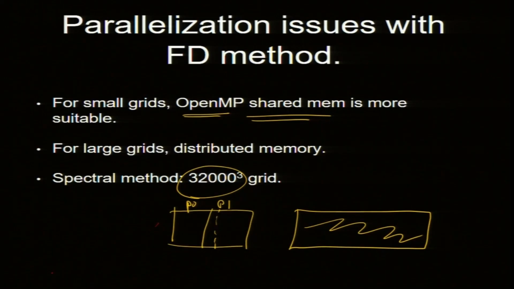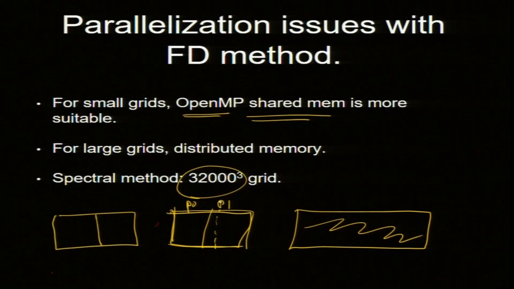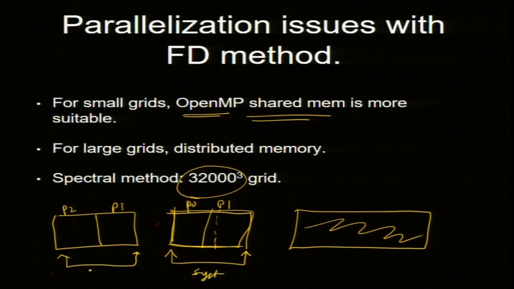So, one option: each node, this is a node, and there is another node. For simplicity let us assume there are P0, P1, P2, P3. If I do MPI with a distributed memory system, I can assign 4 different memories for these 4 processors, though this is in one system and this is another system, system 0 and system 1.